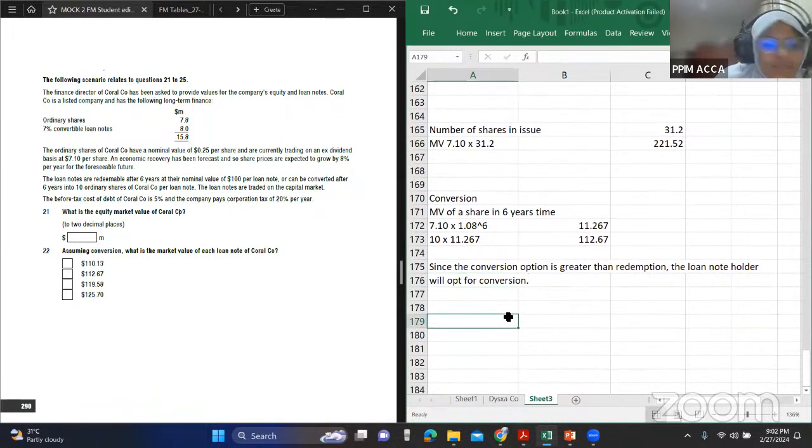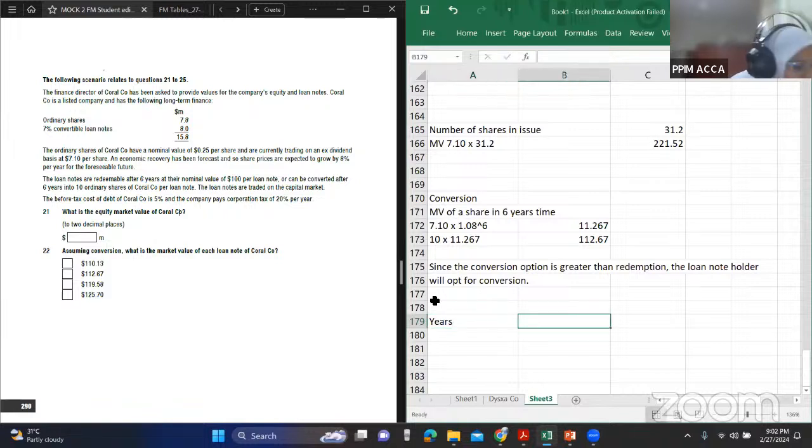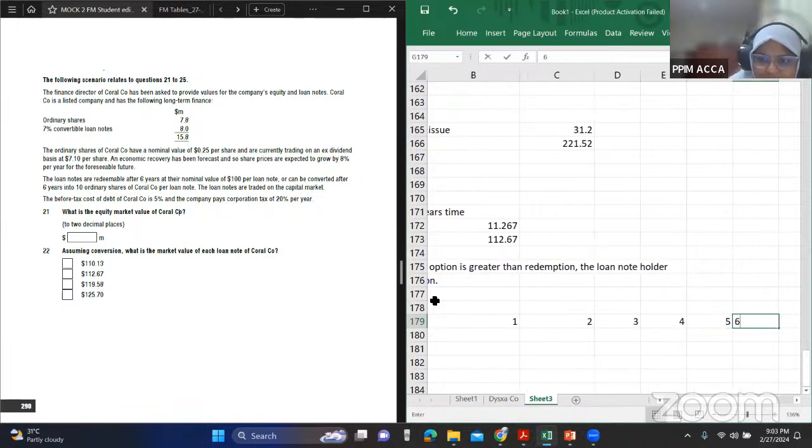Now you have to basically do an IRR style calculation to get the market value of the loan note. How you do that is take the years, then you will have the interest that we have to consider. So that is year 1, year 2, year 3, year 4, year 5, and year 6.